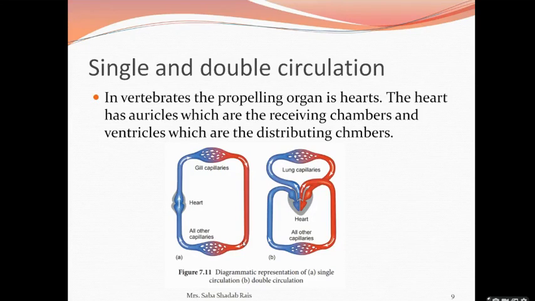So the heart is only receiving deoxygenated blood. This deoxygenated blood is taken to the respiratory organ for oxygenation, and the blood gets oxygenated in the respiratory organ, and from there this oxygenated blood is directly supplied to the body part.